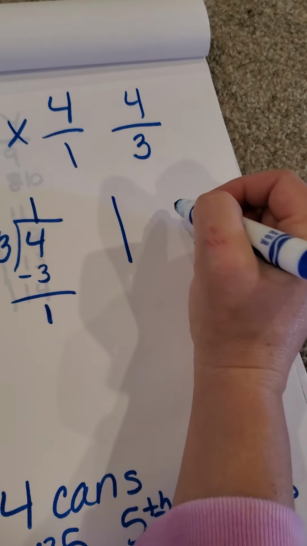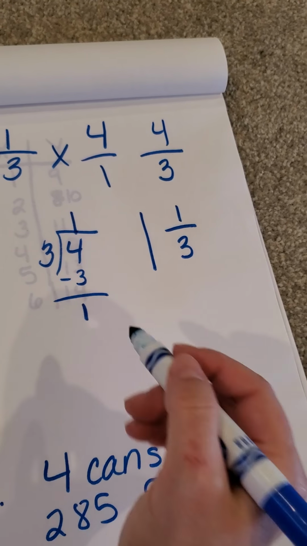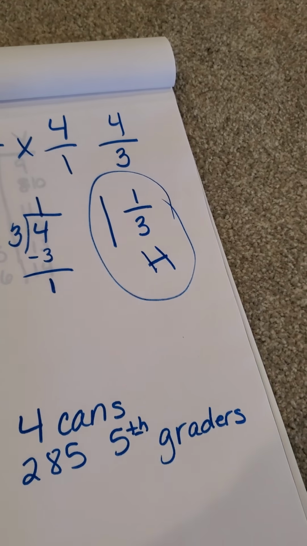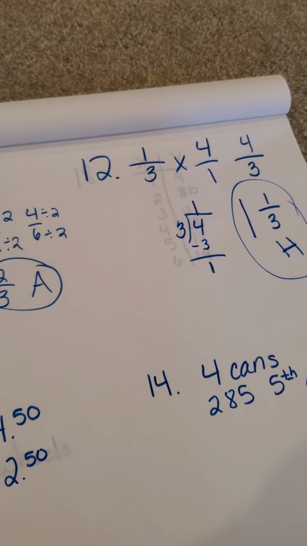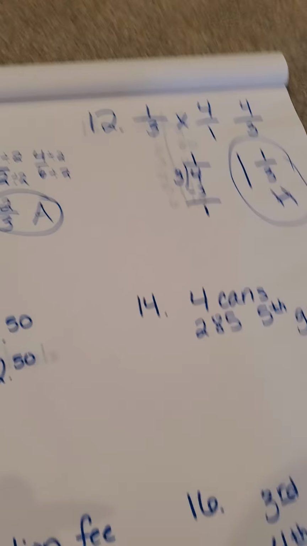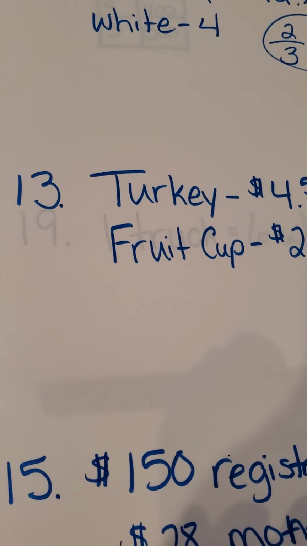Subtract them to get my numerator, and my denominator stays the same. So it would be 1 1/3 or H. Figure it out.